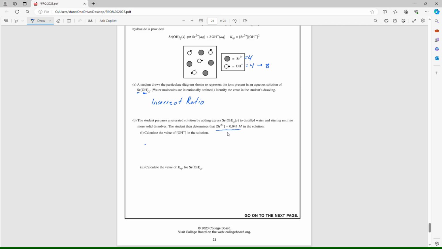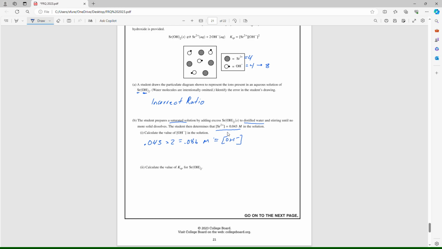So we could just say 0.043 times 2 equals 0.086 molar OH minus. We know that it's in a 1 to 2 ratio because it's saturated and it doesn't indicate any other ions, any other common ions. It just says distilled water.